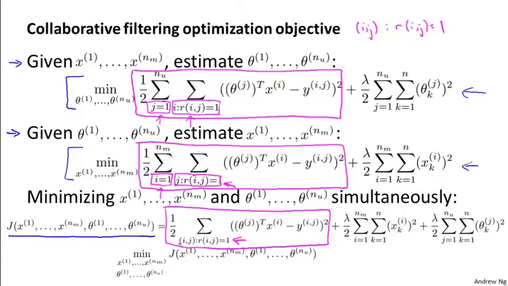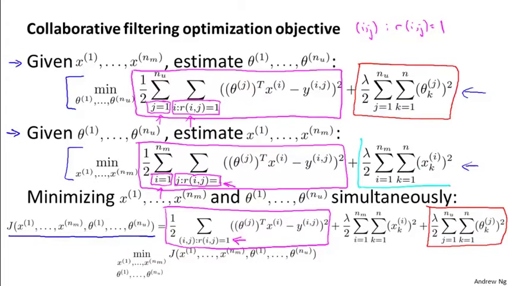And then the other terms in the optimization objective are this, which is a regularization in terms of theta, and so that came down here. And the final piece is this term, which is my optimization objective for the x's, and that became this.